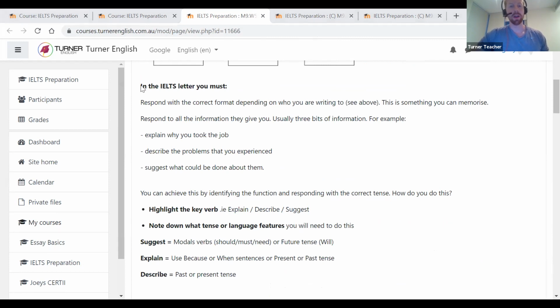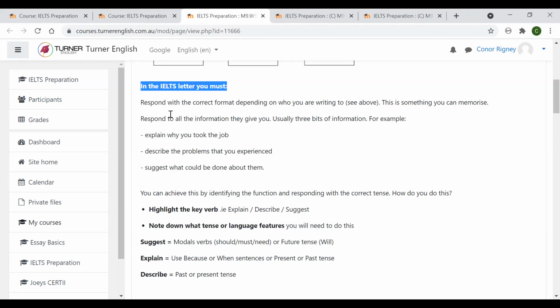All right, so when we're writing the IELTS letter, we're going to read through that. Yasmin, can you read that for us? In the IELTS letter, you must respond with the correct format depending on who you are writing to.